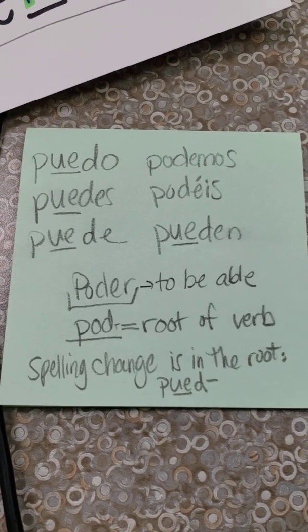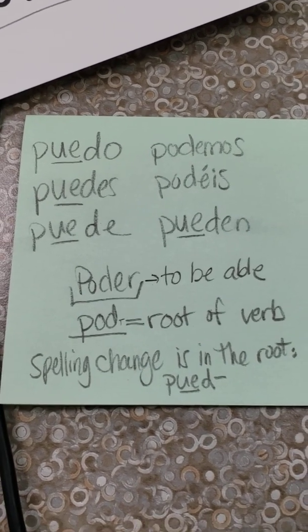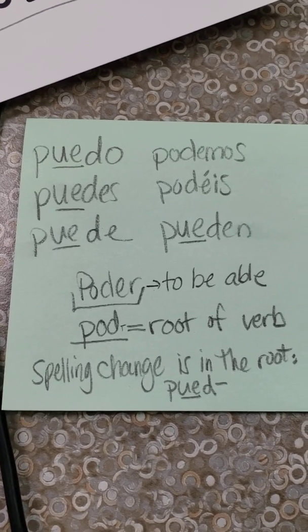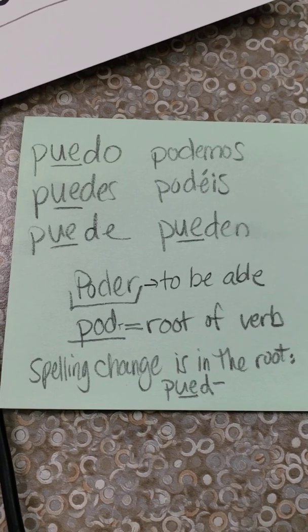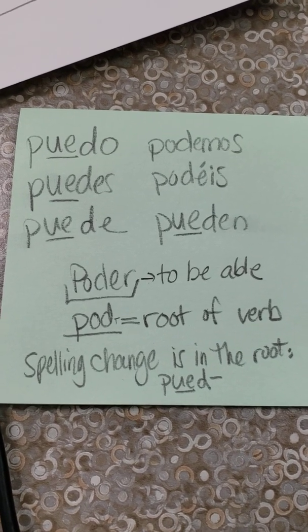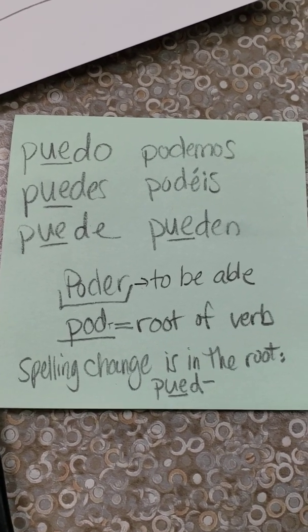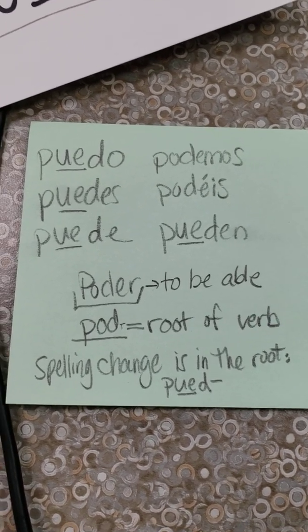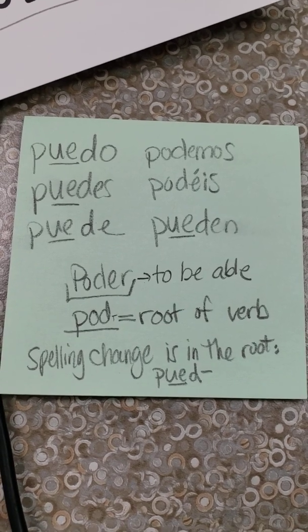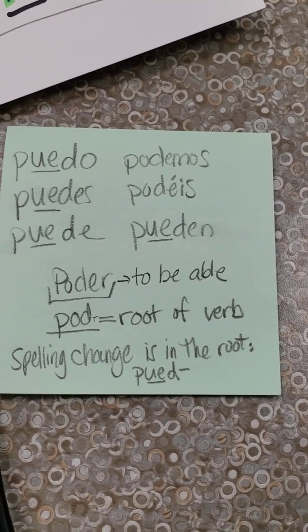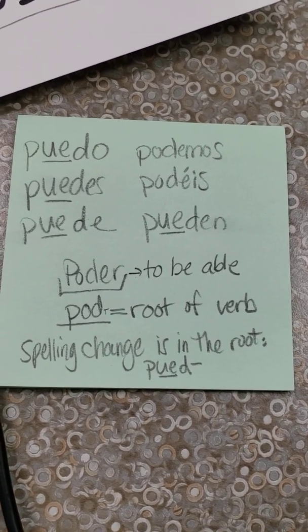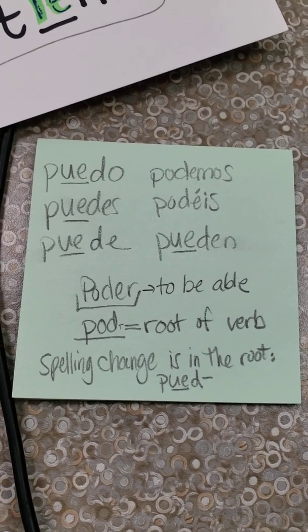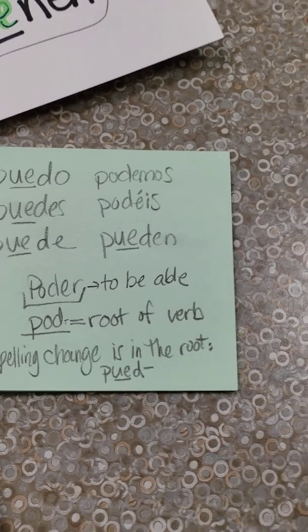It's just a special kind of way to change the spelling to preserve our sound and just the function of the word, because there may already be words that exist like that, like jugar changes to juego because jugo means juice, for example.